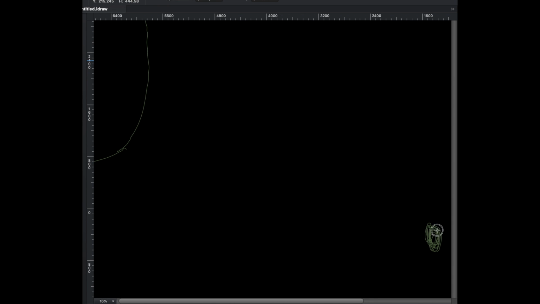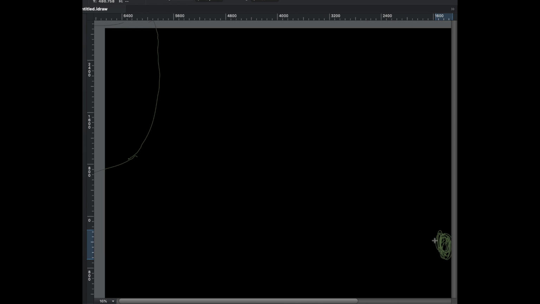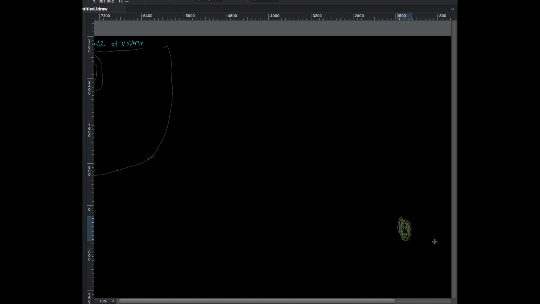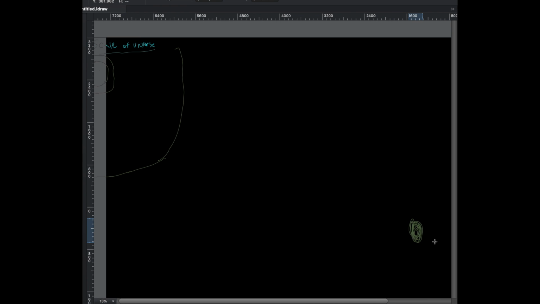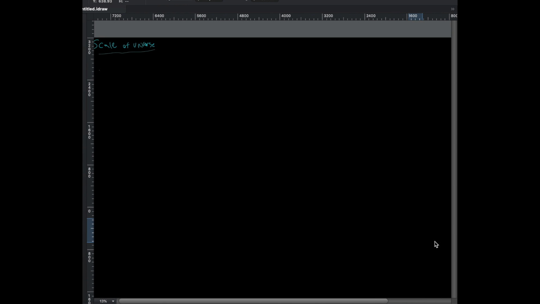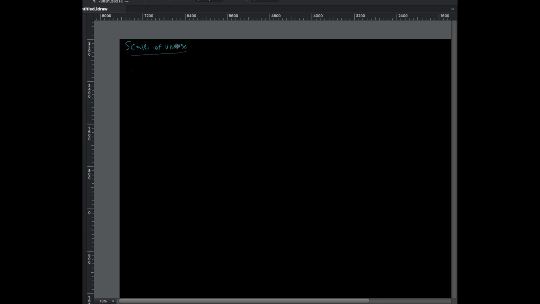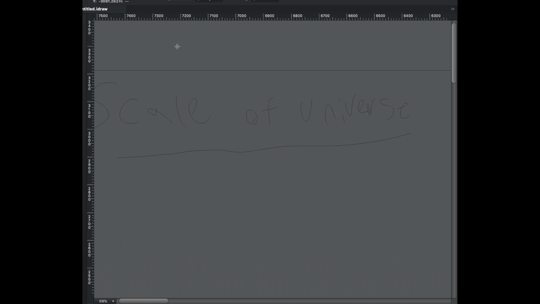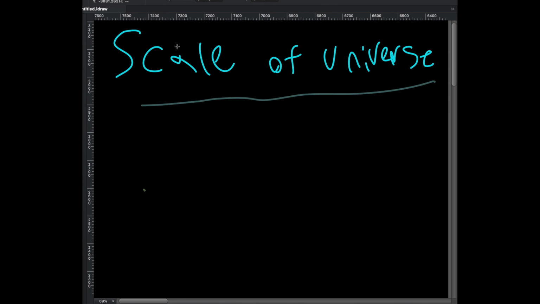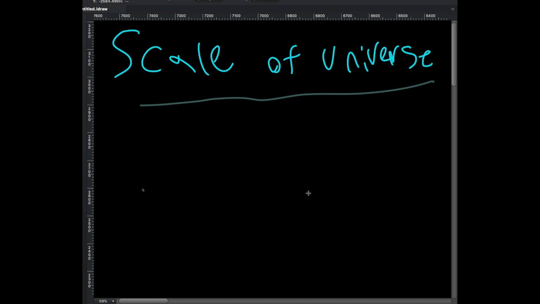So that's the Alpha Centauri. Now we have to zoom out anyway, so zoom in to the sun. Where's that little sign? There it is. So sun, Alpha Centauri.